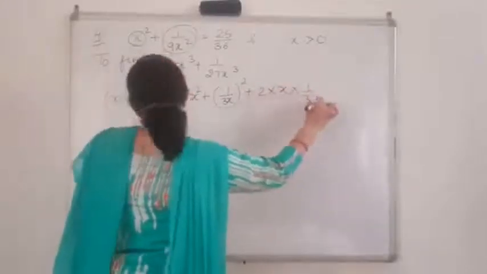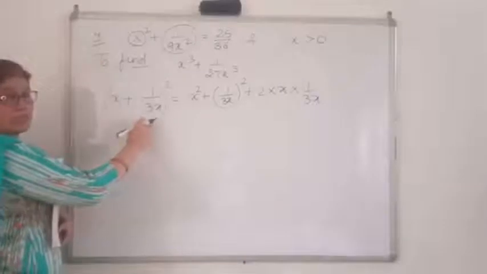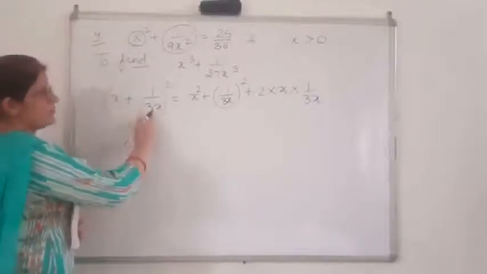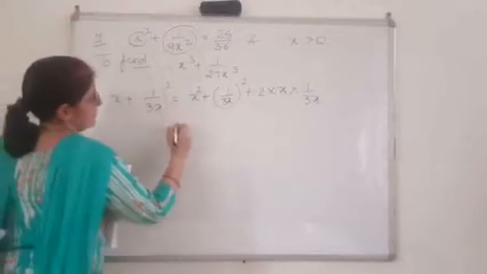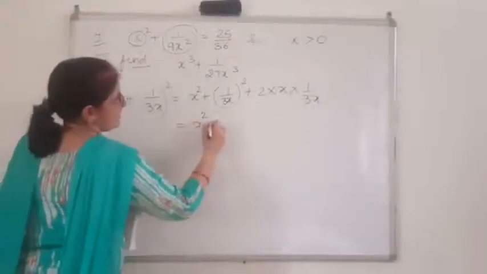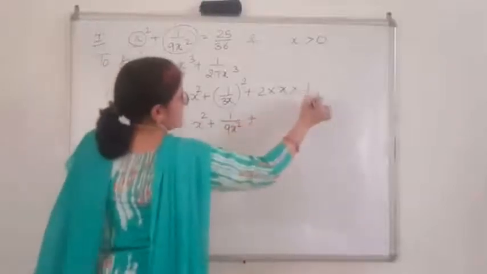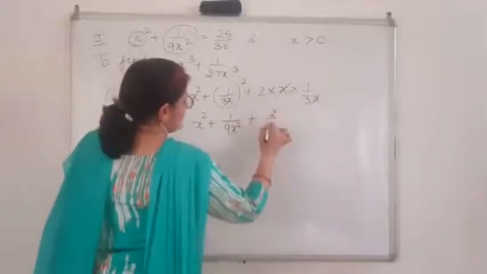Means we consider x as a and 1 upon 3x as b, and then we follow the identity of a plus b whole square. So we get x square plus 1 upon 9x square plus 2 upon 3.